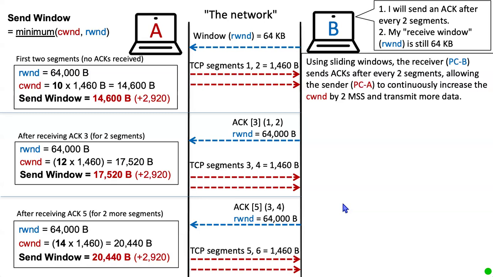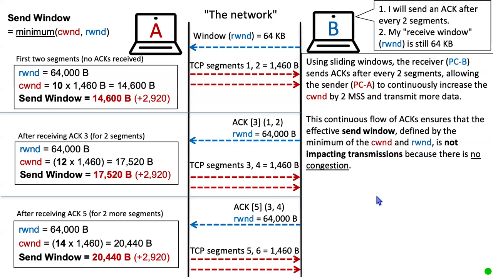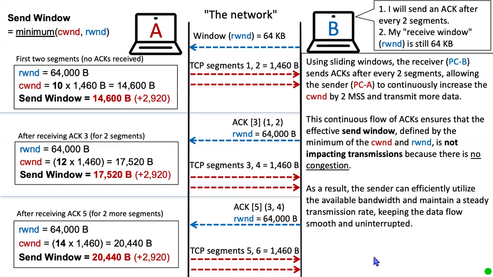Okay. And again, using sliding windows, PCB sends an ACK every 2 segments, allowing PCA to continuously increase its congestion window by 2 maximum segment sizes and transmit more data. So we've got this nice synchronous flow happening between the two. This continuous flow of ACKs ensures that the effective send window, defined by the minimum of the congestion and receive window, is not impacting transmission, because right now there is no congestion.